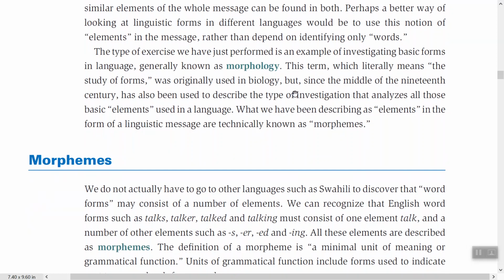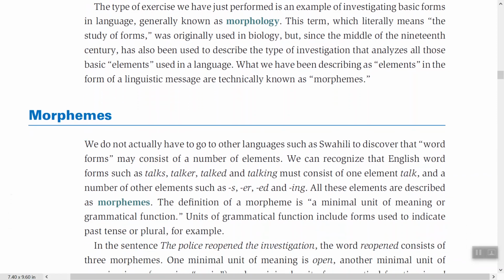So it's simple. The definition of morphology is the study of words, and we are dealing with morphemes. The same thing with phonology, phonemes; morphology, morphemes. You have studied morphemes.